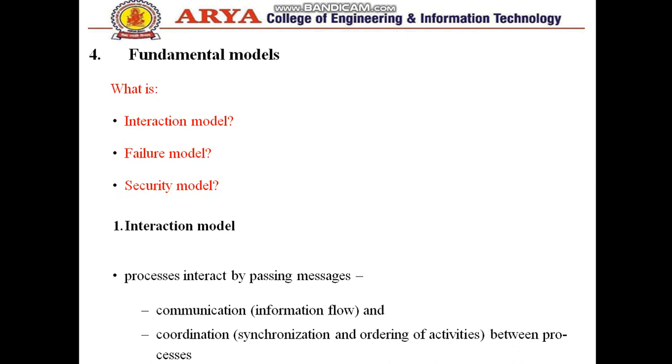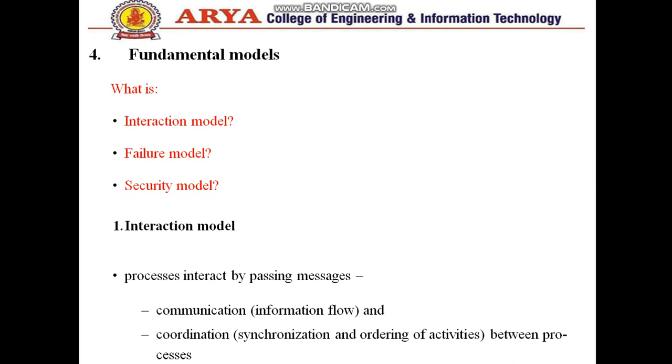Interaction model means how the processes are communicating, how they are interacting among themselves. That is, the processes interact by passing messages. The communication may be information flow and coordination, that is synchronization and ordering of the activity.